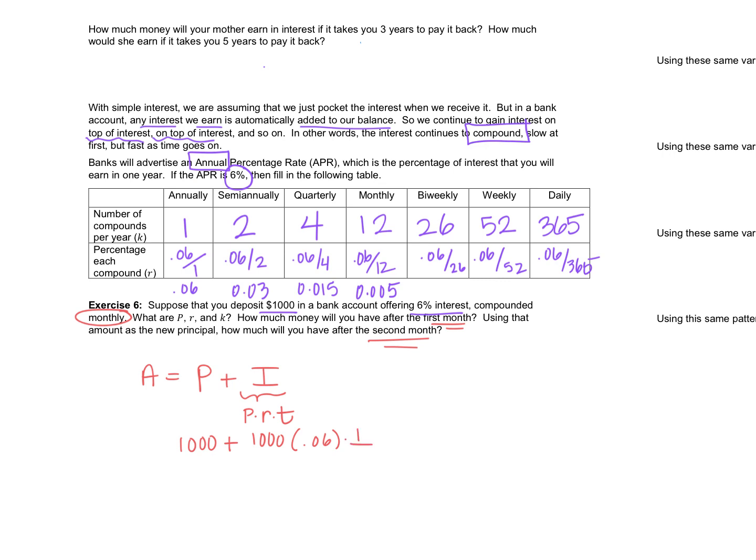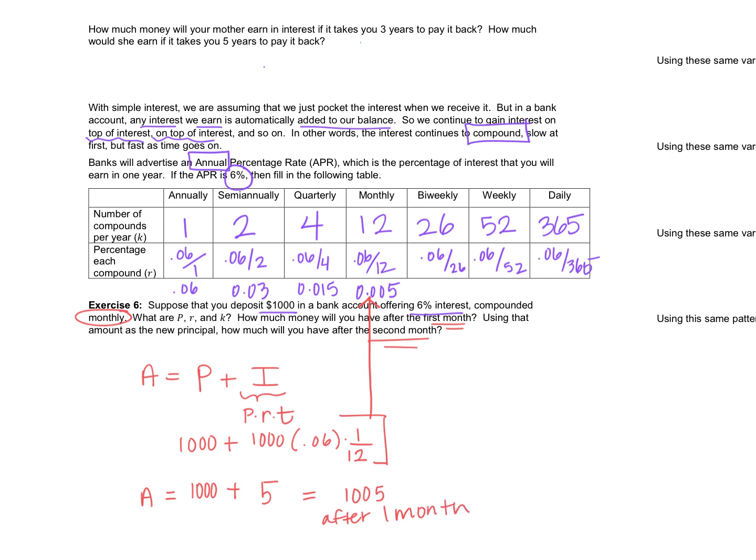So we're going to actually multiply this by 1/12, and you can see that this amount is that percent that we were talking about up there. And so this is going to be equal to 1,000 plus, when we multiply out that amount, it's going to be equal to 5. So the amount of money that we have is going to be $1,005. This is after 1 month.